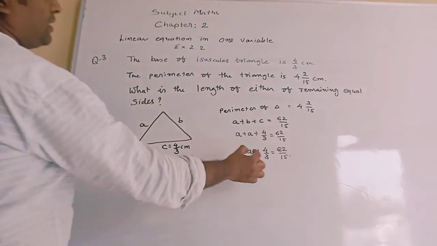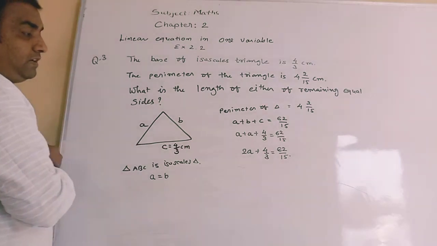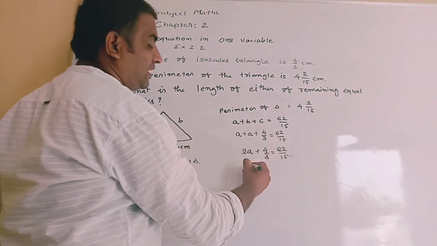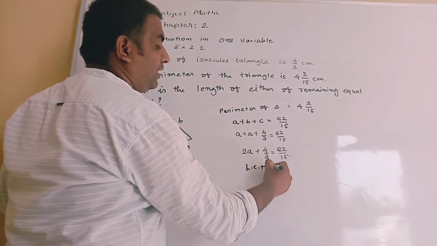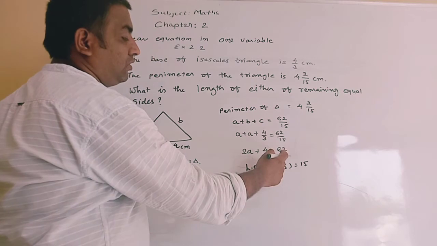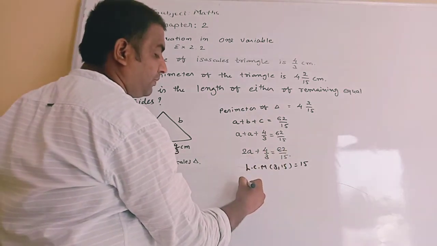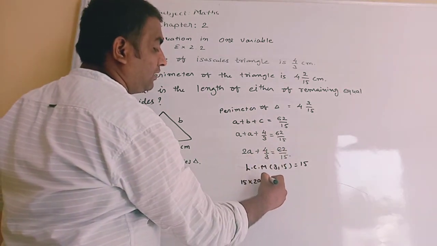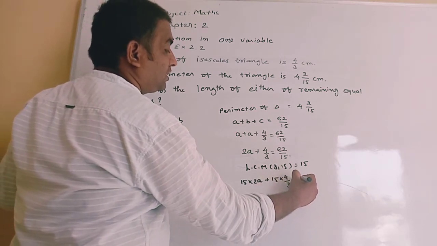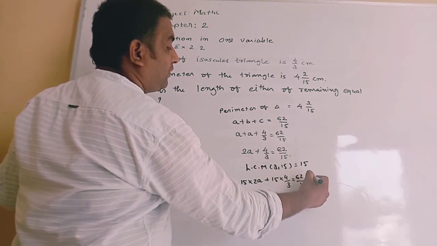So now we have fraction format, 3 and 15 are there. To convert into integral form, we will multiply by the LCM. The LCM of 3 and 15 is 15, so multiply each term by 15: 15 multiply 2A, 15 multiply 4 by 3, 62 by 15 multiply 15.